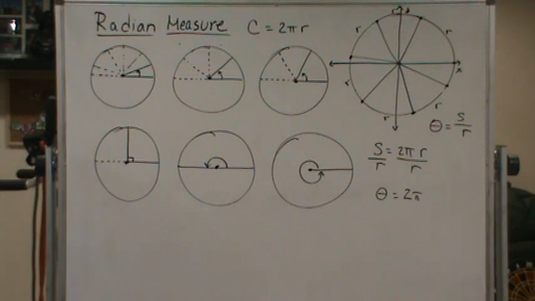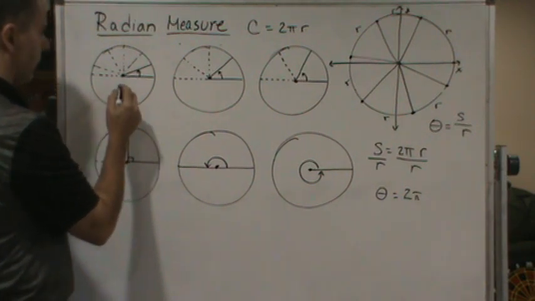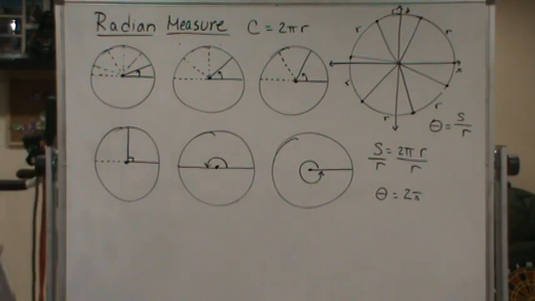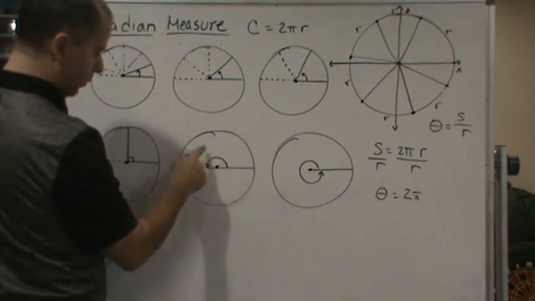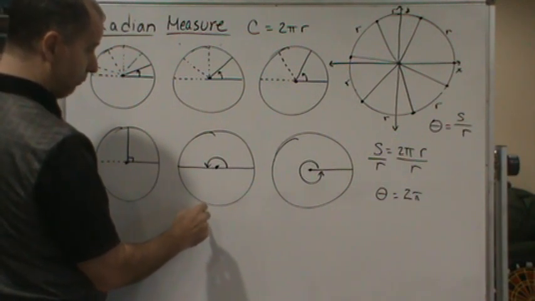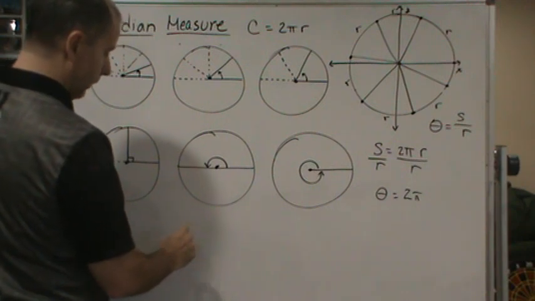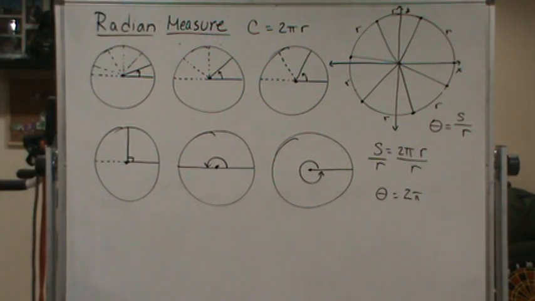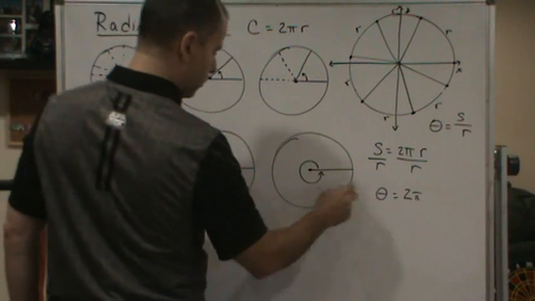Now, what about some other ones? Well, let's do a half revolution. A half revolution is going to be 1/2 of 2 pi, because we know a full revolution is 2 pi.